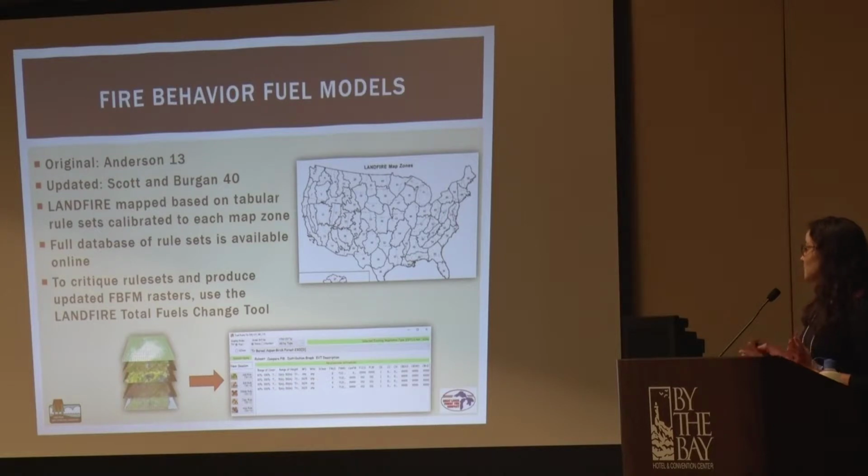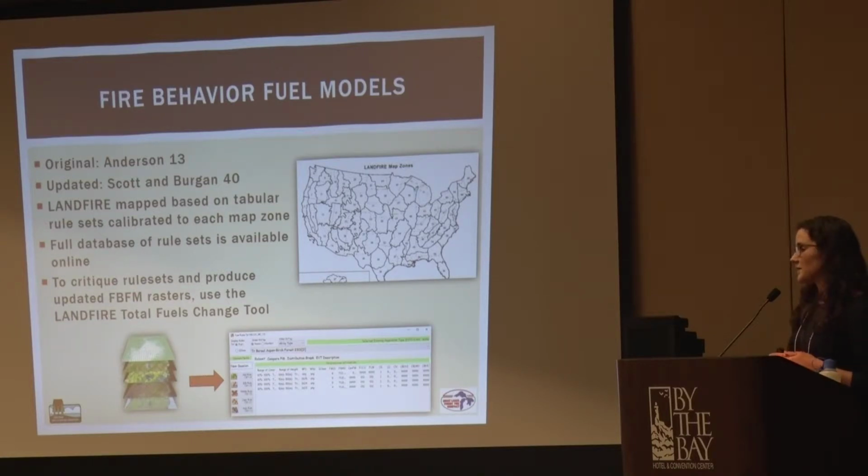For these rule sets, for a data geek like me, which most of you are probably not, you can download a database of all the rule sets from every map zone in the entire country into an Access database and look at every combination of veg types and what they're assigning to a fuel model. But an easier way to do this is with the LANDFIRE Total Fuels Change tool.